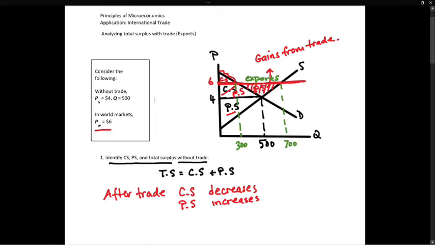As you can tell, international trade makes some groups winners and some others losers. In this example, consumer surplus shrinks and therefore consumers lose because they're buying at a higher price, but producer surplus increases and producers will gain, producers will win.